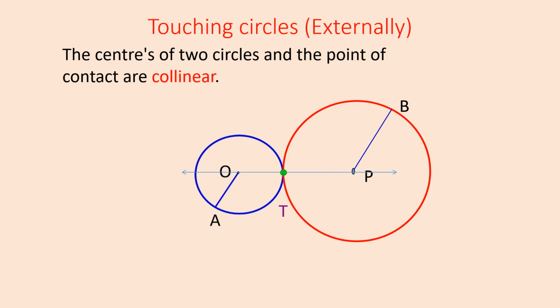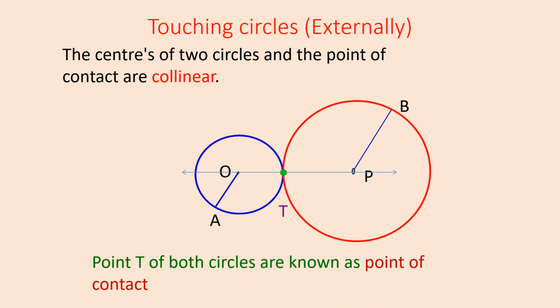Why? The point of contact and the centers of the circles are lying on the same line. So we can say that point T is common on both the circles. That's why, as usual, we call point T a point of contact.